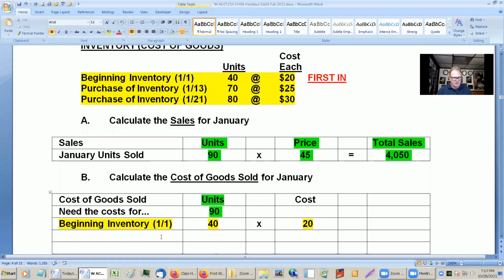Okay, so we still need to find the cost for, so we had 90, so we still need what, 50?